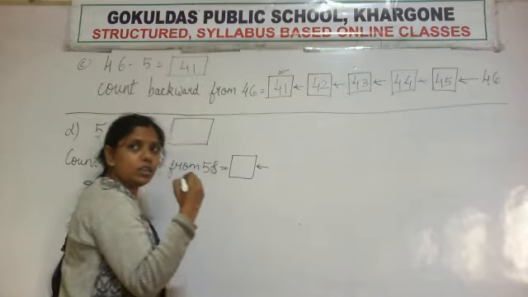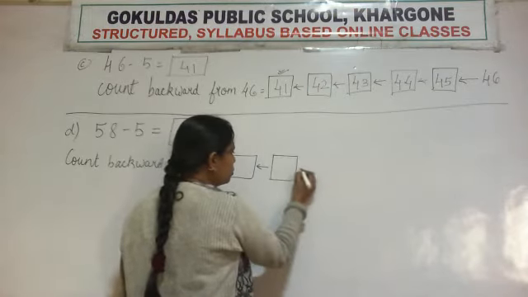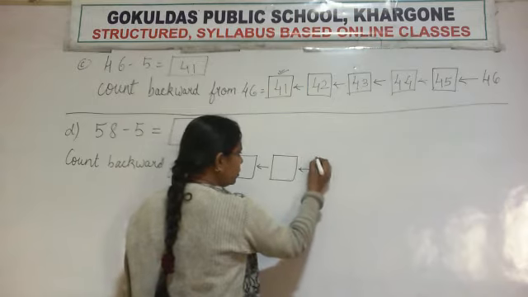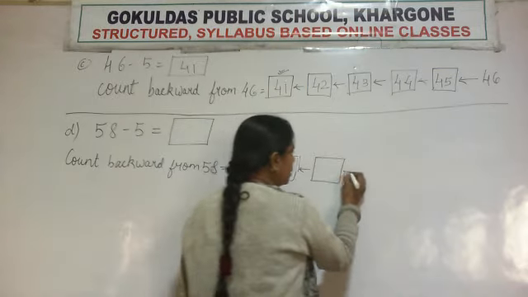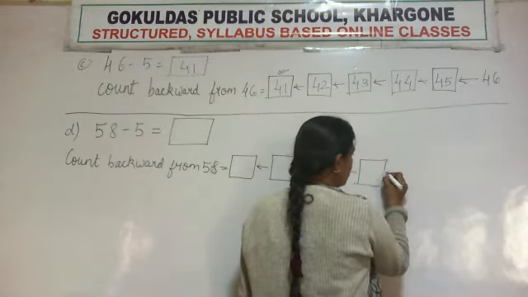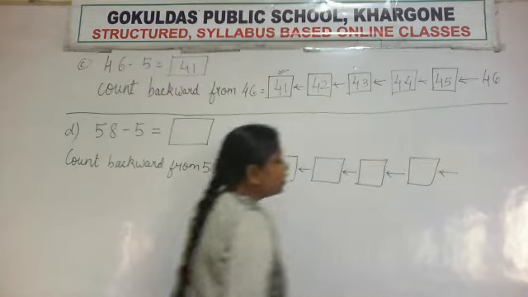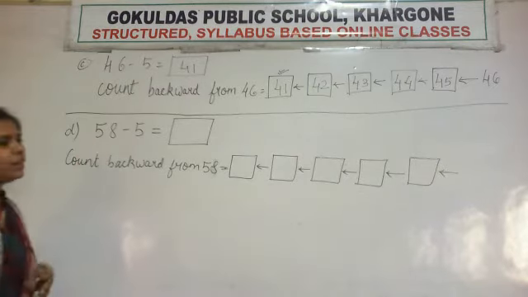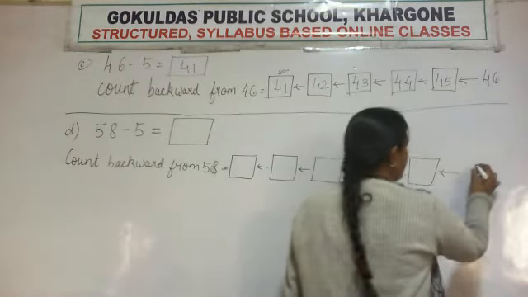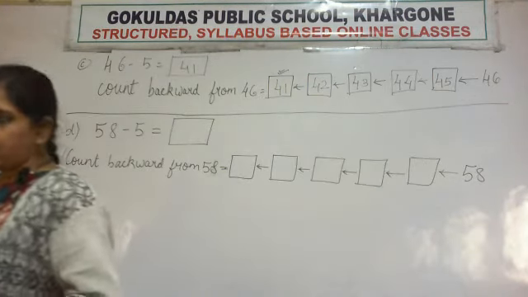Again make an arrow in the opposite direction, the backward direction. 2, 3, 4 and 5. Now write the number here, 58. Write the question fast, then we will do the solution. Write it fast.